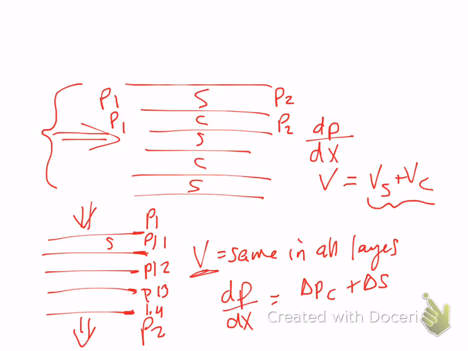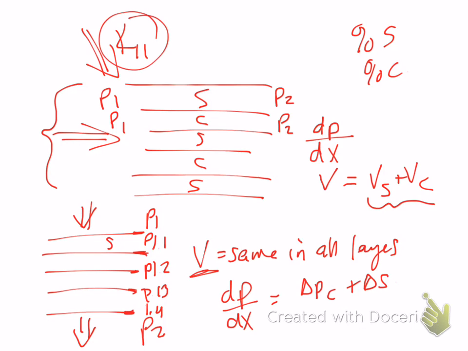But given the pieces in there and knowing your percentage of sand versus percentage of clay, you can zoom out and figure out this one. Was this your K11 component, right? No, that was your K33, which equals the K22.